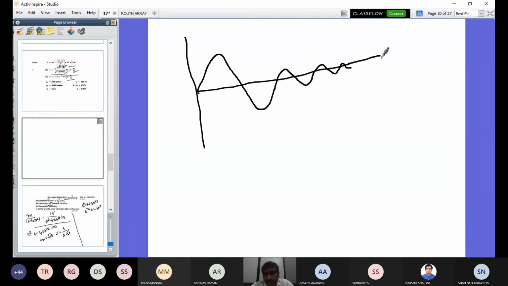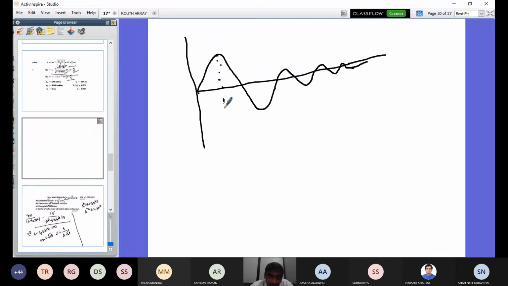So this is the value. Zeta should be greater than 0 and less than 1. Under such conditions, the system will oscillate. After a certain time, it will reach the stable output or steady state output. So this is called the peak time.